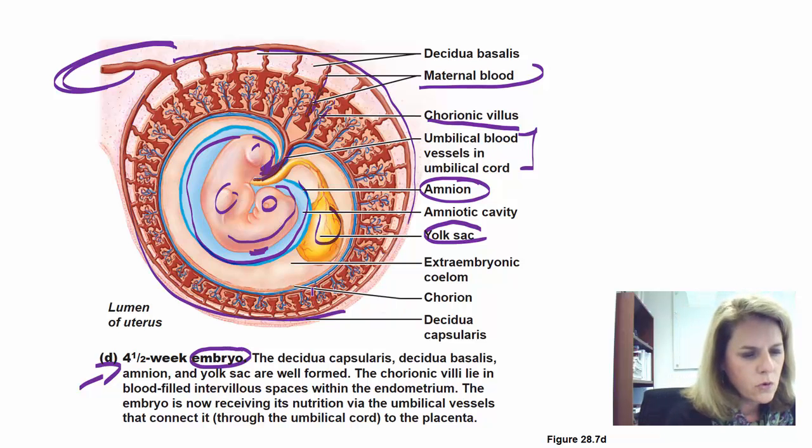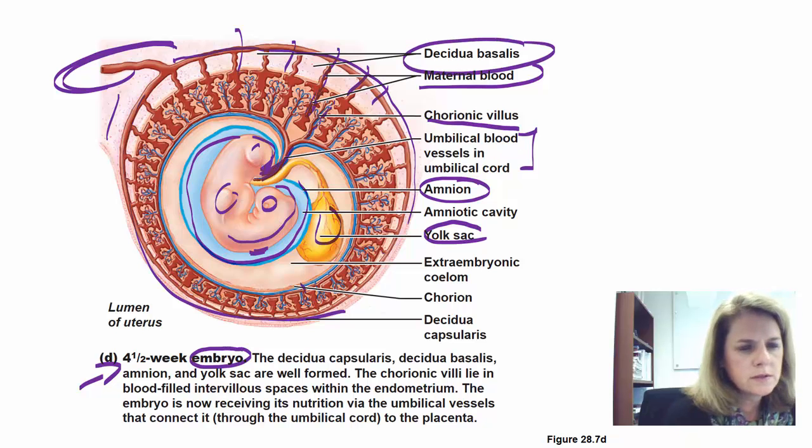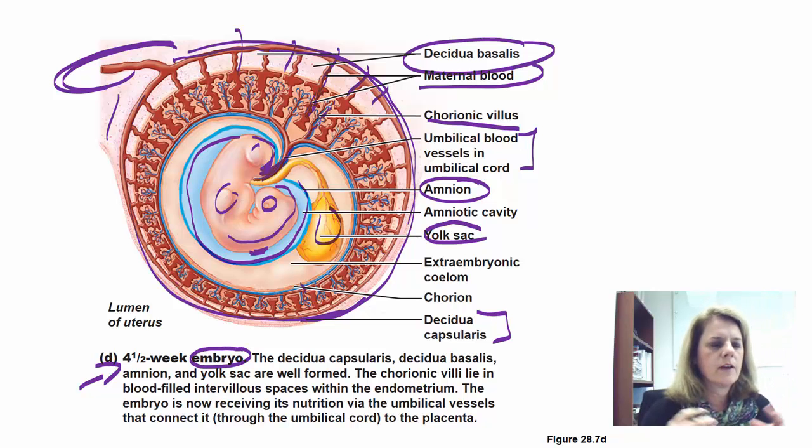You have the chorion, which is going to make the embryonic side of the placenta. And you have the uterine wall, which is turning into what's called decidua basalis and decidua capsularis, which are surrounding this whole structure and making the structure of the placenta. All right.